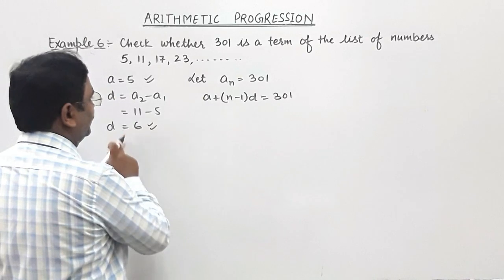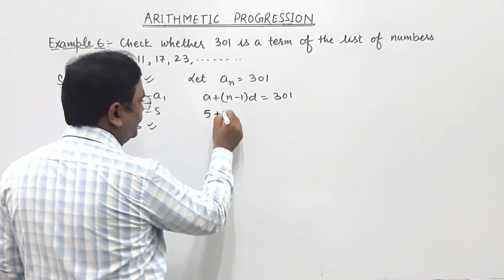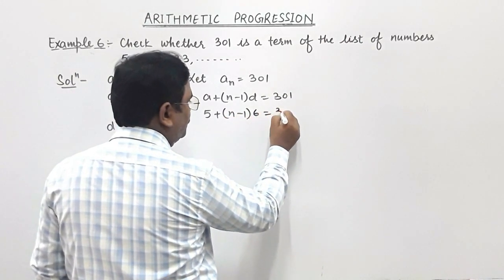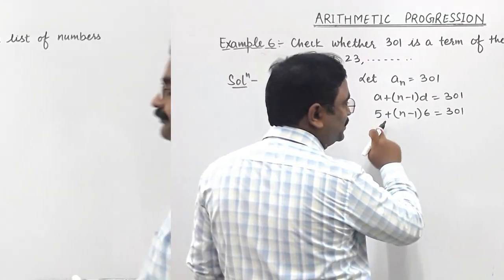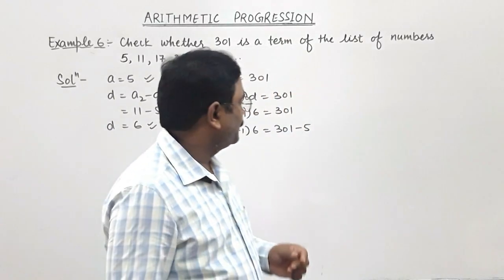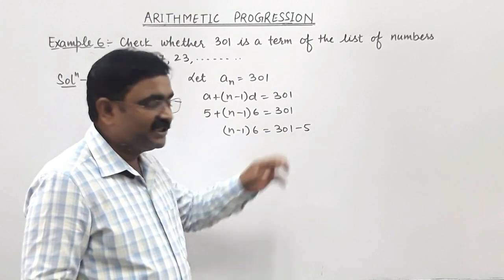Now substitute the values of a and d in this. a is 5, plus (n minus 1) into d, which is 6, equals 301. So take 5 and transpose it to the right side, as (n minus 1) into 6 equals 301 minus 5.